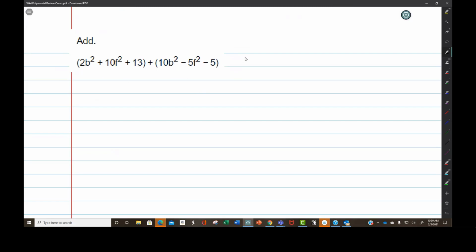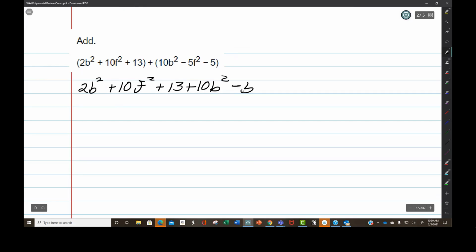So, how do you add them? Well, like this. This is 2b squared plus 10f squared plus 13, plus 10b squared minus 5f squared minus 5. Oh my goodness. The b squared terms are like terms. The f squared terms are like terms.